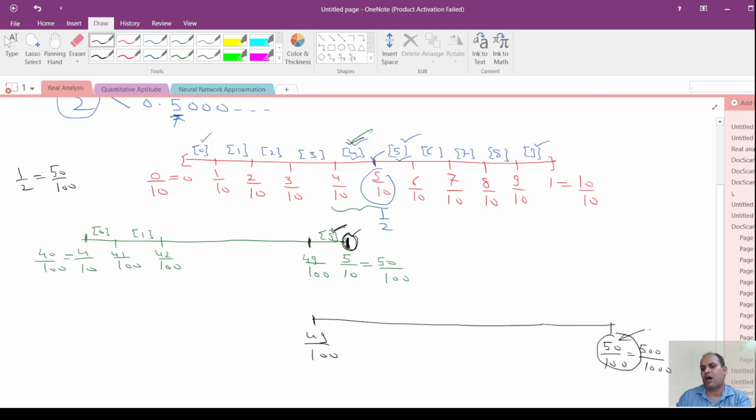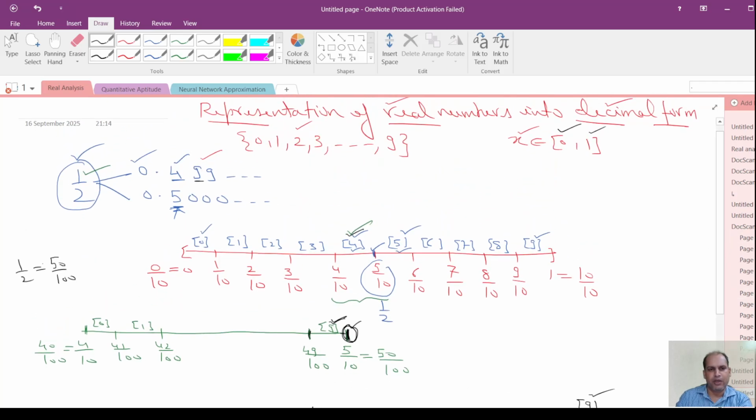So, this is half, 1 by 2, and it will be in the last of the interval labeled as 9. If we keep on dividing again and again, half will be in the last slot labeled as 9. This is the reason why after 4 every entry is 9.